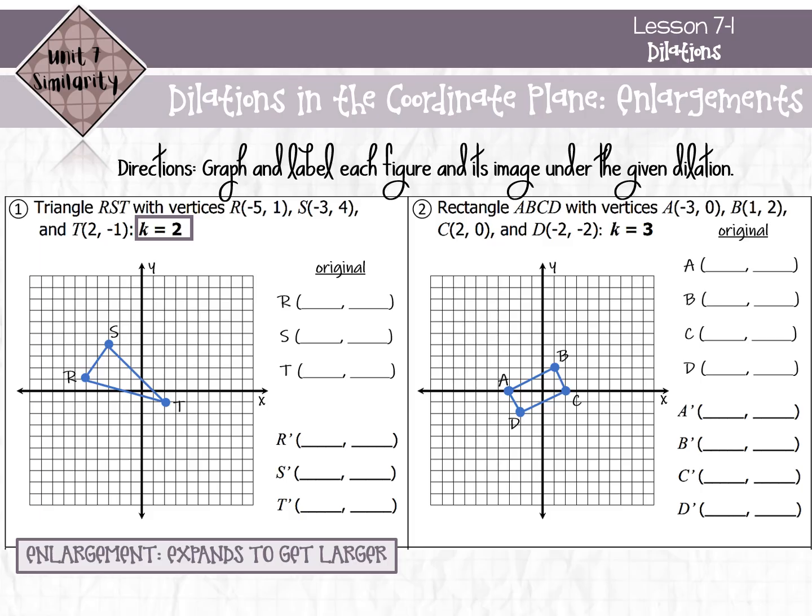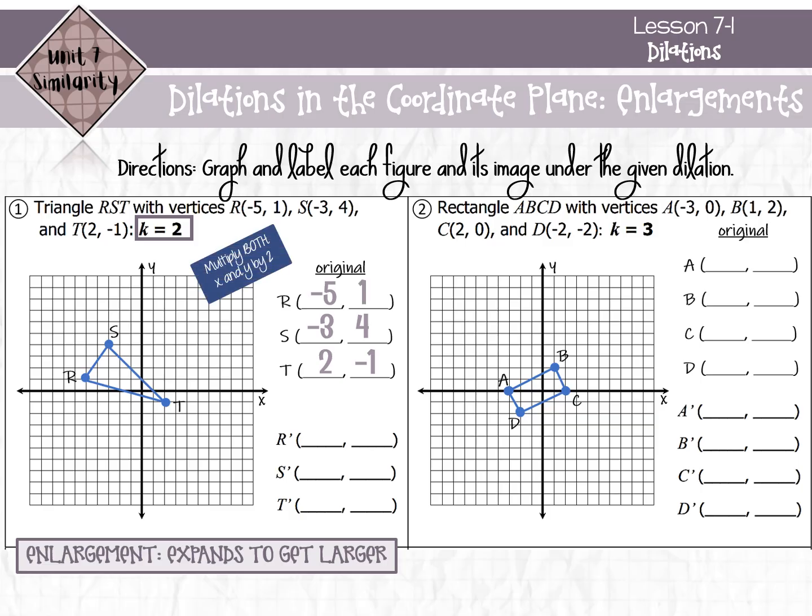We're expanding to get a larger figure. So R is at the point (-5, 1), S (-3, 4), T (2, -1). I like to keep them organized like that because I think it's easier to do that.